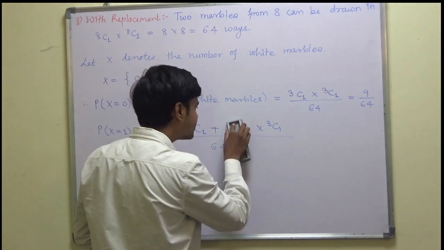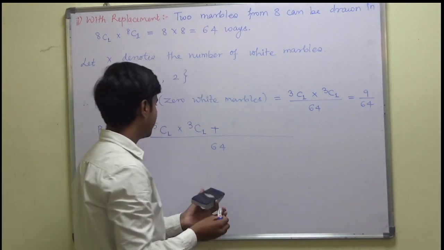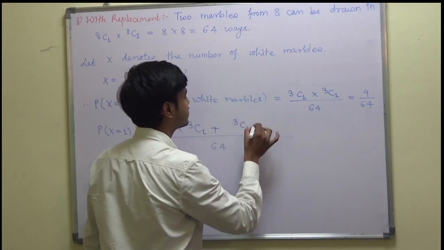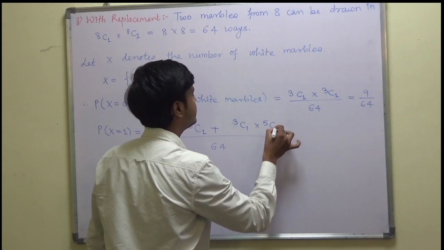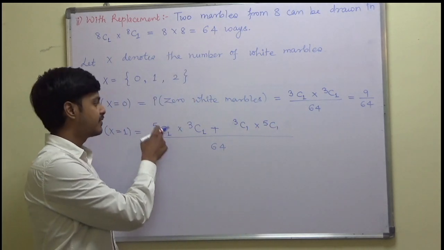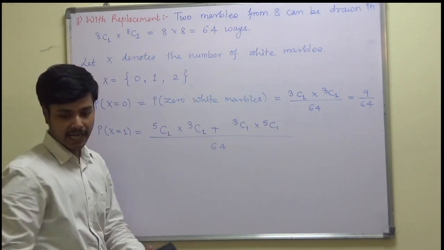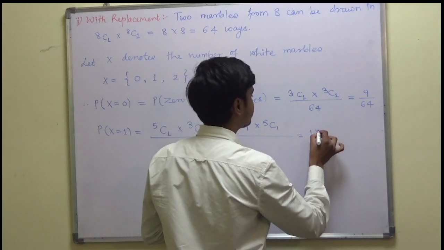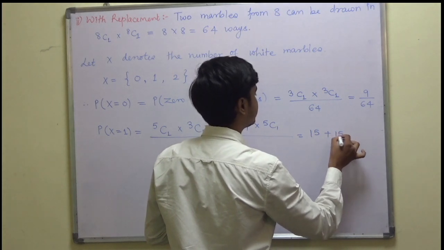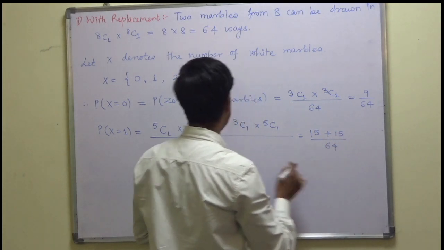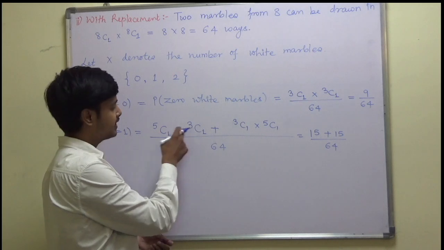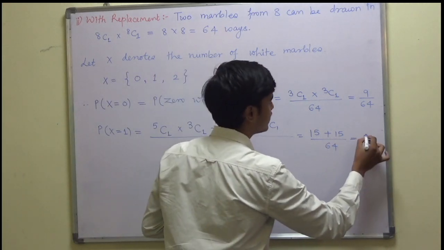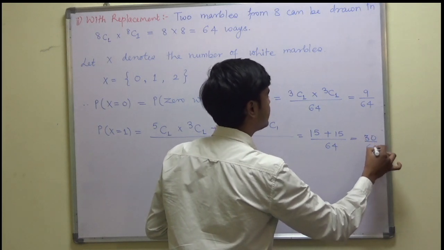So you can write it as first marble is black and the second marble is white, and in the first case, first marble is white, second is black. Okay, so when you solve this, what will you get? 15 plus 15 by 64. 3C1, 5C1 is 5, 3C1 is 3, 5 threes are 15, again 15, 15 plus 15. So this is 30 by 64.